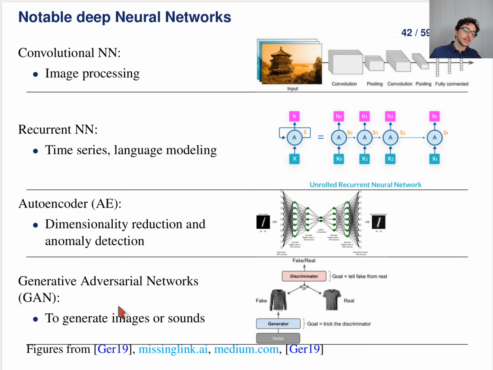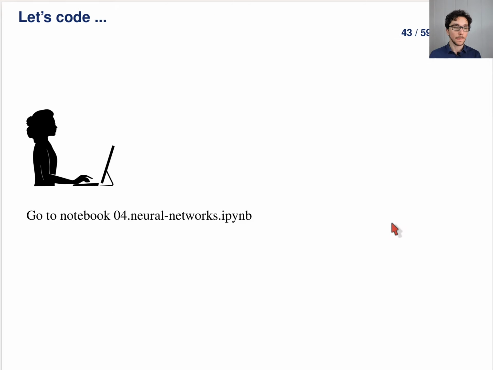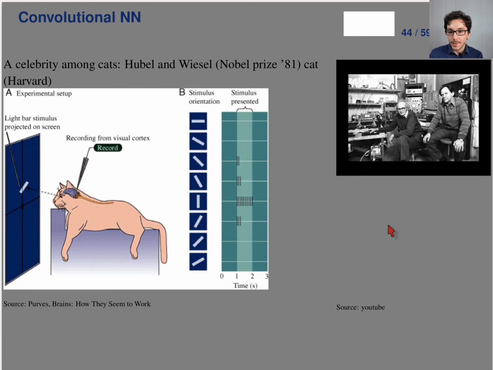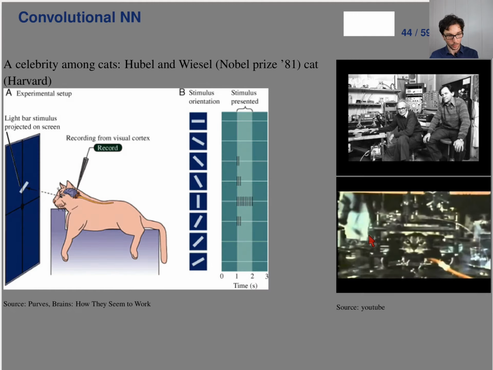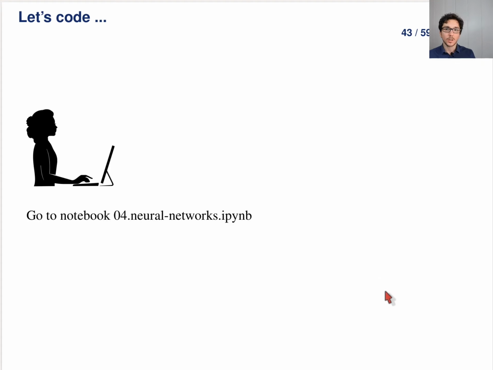You also have generative adversarial networks that are used to produce new information, like music, new pictures, etc. But we will not have the time to cover them. So in the other slides, I put the explanation of convolutional neural networks, but we will skip it for this year. So let's go directly to the code to implement a neural network in Python.